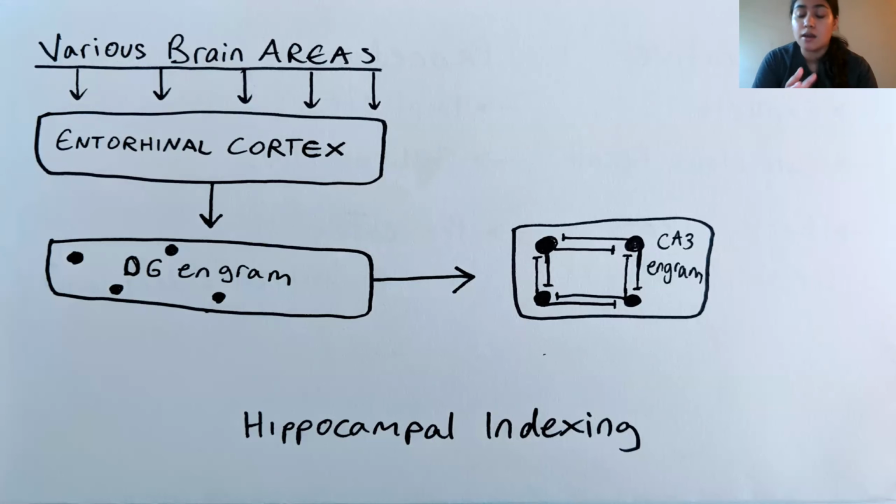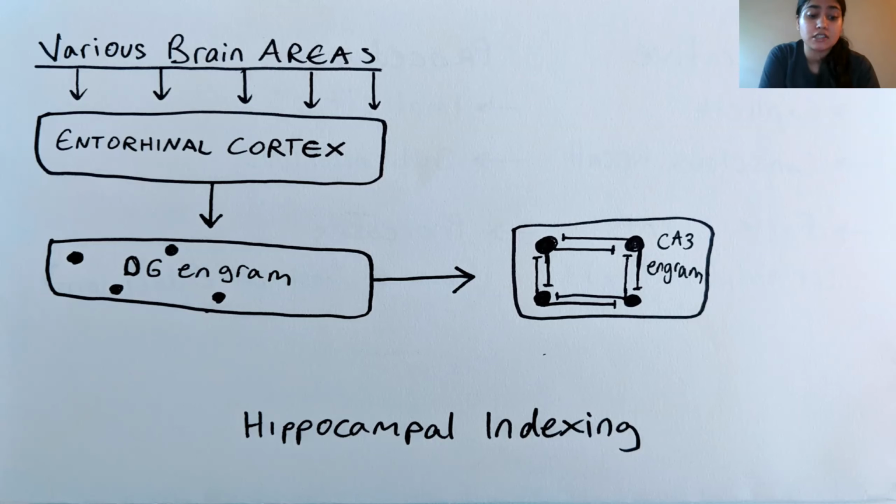And while it's not immediately relevant, the entorhinal cortex also has projections back to all of these various brain areas. But anyway, various brain areas are sending inputs to the entorhinal cortex during an experience.